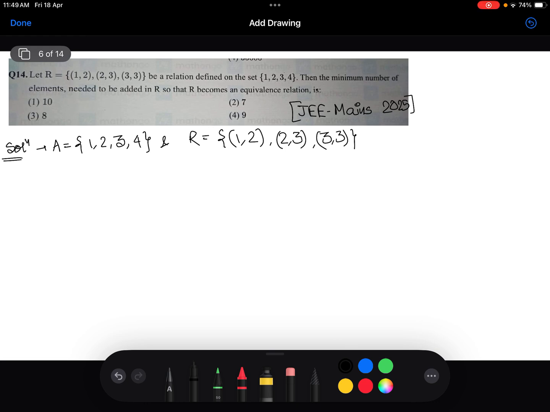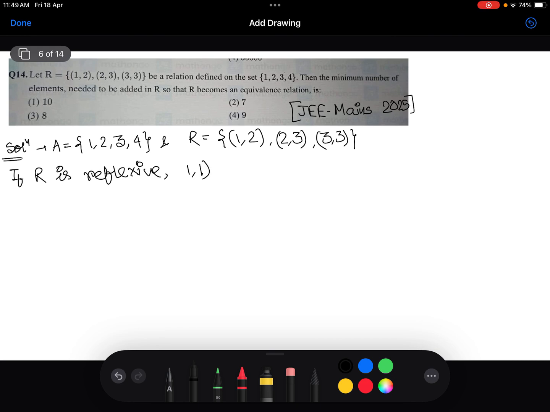Let us check the reflexivity. If R is reflexive, then for every element a in A we need to have the ordered pair (a, a) belongs to R. So for reflexivity, how many elements do we need?